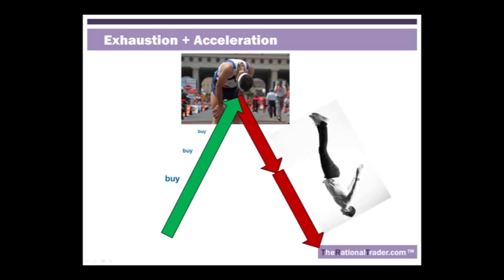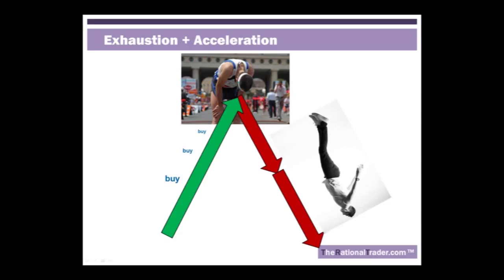Exhaustion plus acceleration, one of my favorite signals, actually. And the same is true the other way: a decrease in the amount of sellers, either gradually or dramatically, but then lots and lots of buyers stepping in, and the market goes the other way.